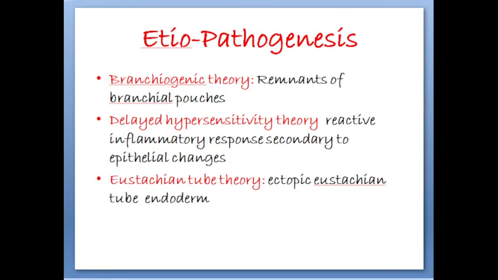Based on this, the branchiogenic theory was proposed, which indicated that remnants of branchial pouches lead to formation of Warthin's tumor in the region of neck.